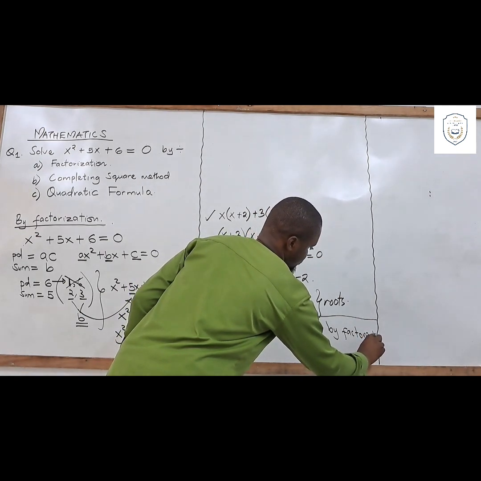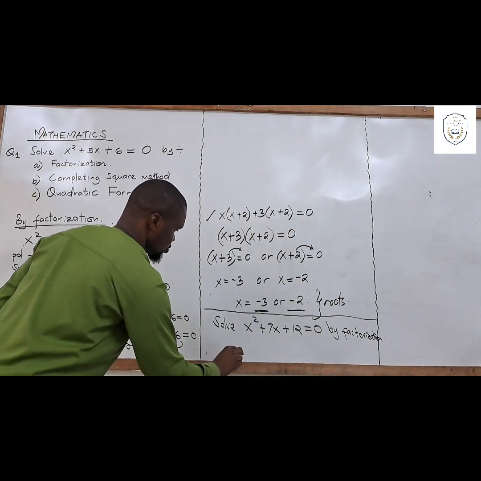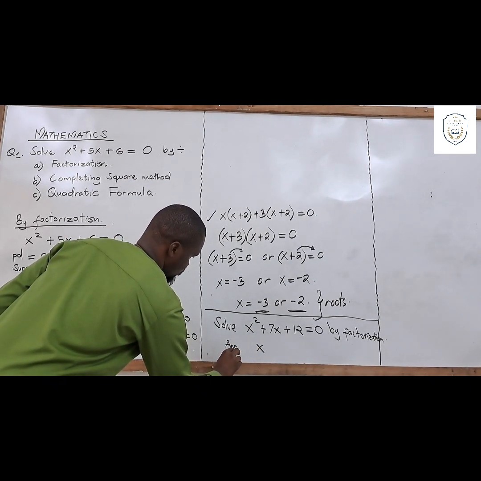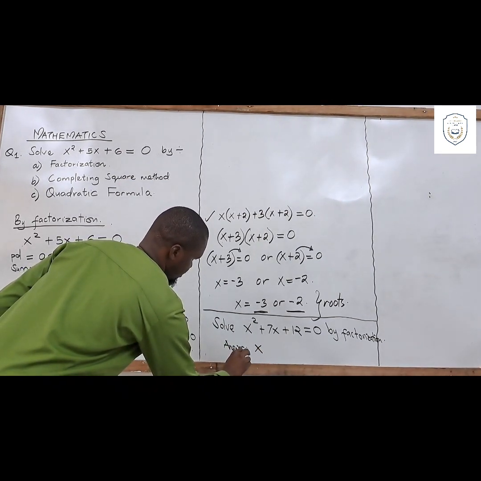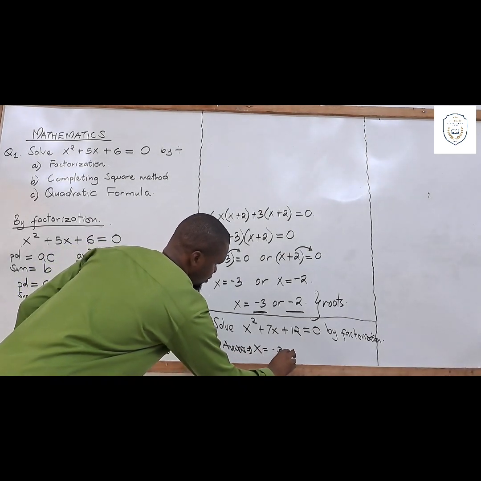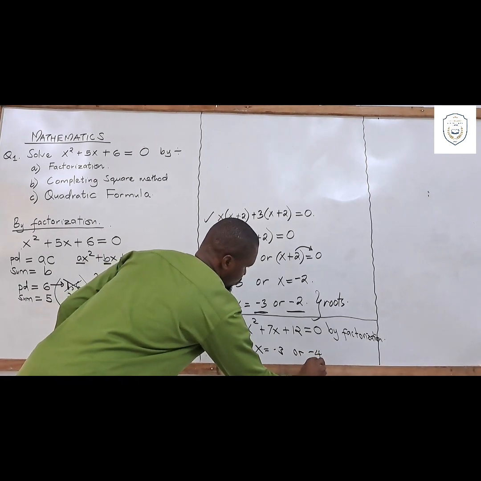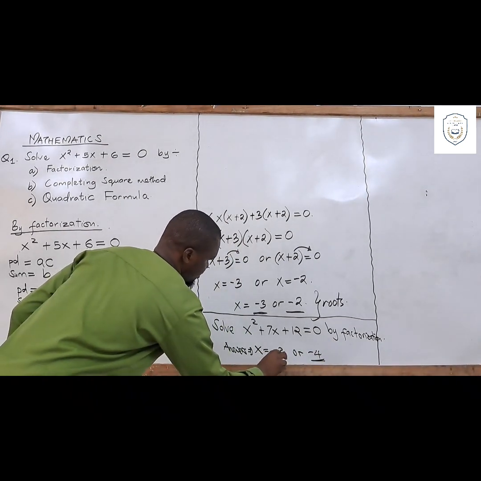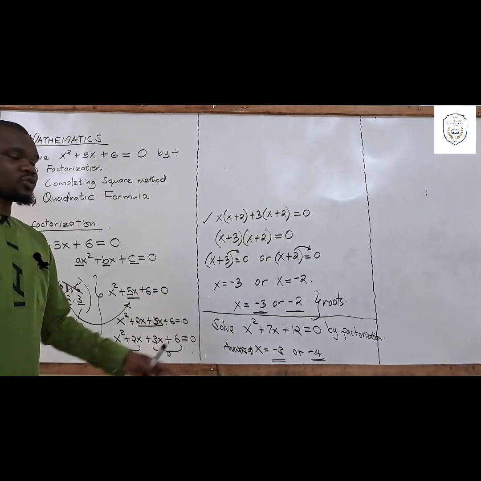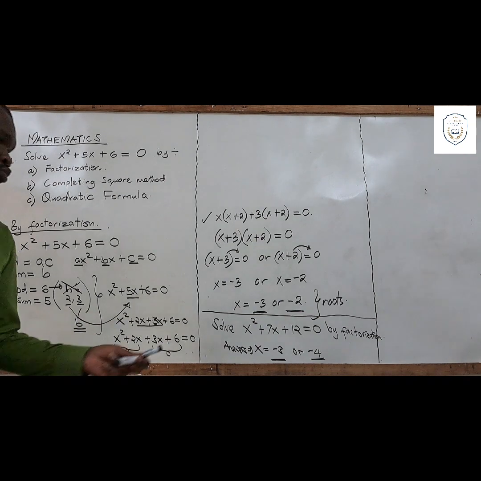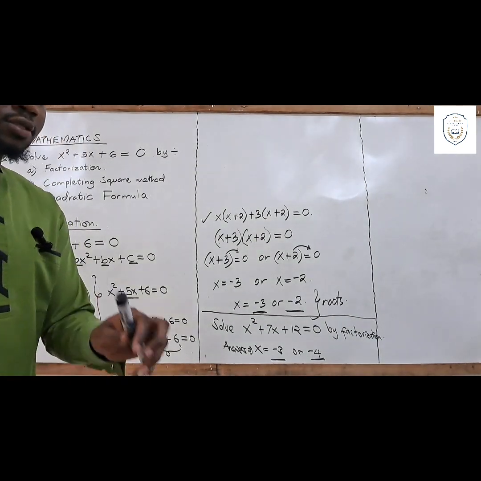Try this on your own, but the answers you should get, the roots, are x equals negative 3 or negative 4. These are the values you're supposed to get. So use the factorization method and make sure you get negative 3 or negative 4, two roots for that equation.